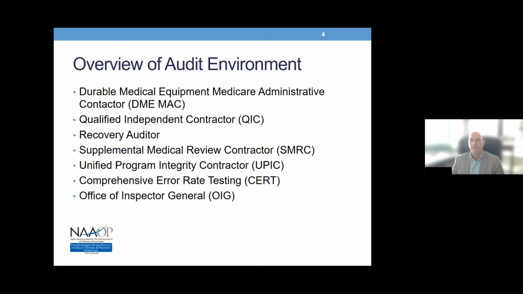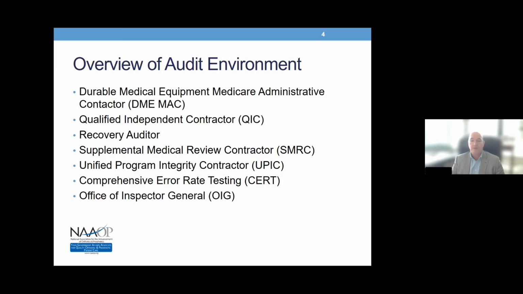So if a UPIC knocks on your door, it's typically a more serious investigation or a more serious problem than it would be if a regular MAC did a post-payment review, or if a SMERC knocked on your door to review a sample of claims.